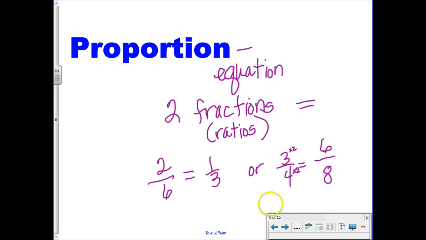Or I could say 3/4 is the same as 30 over 40, or 15 over 20. There's so many possibilities. You can come up with an infinite number of other fractions that are equal.